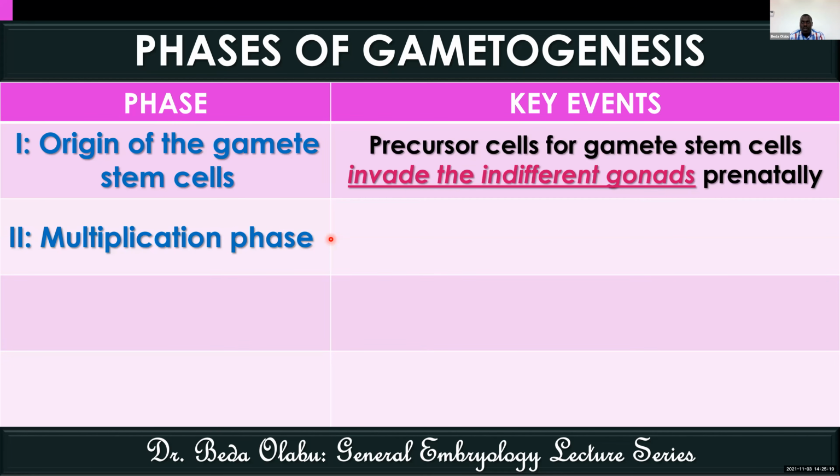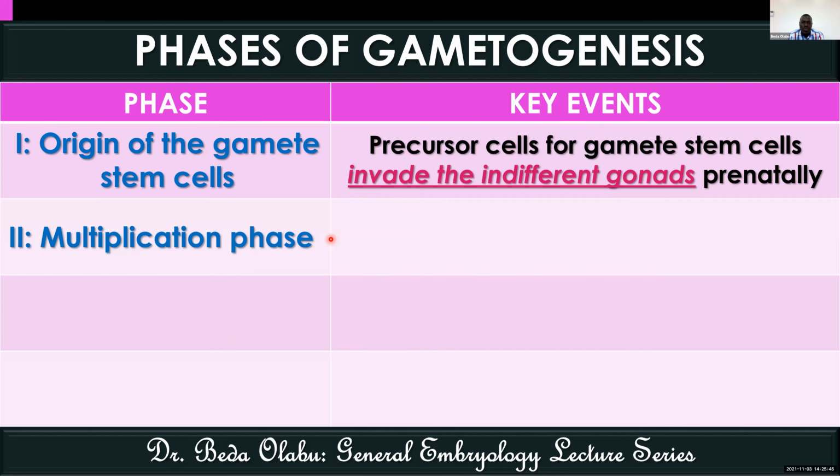If I have only 100 cells and I want millions of cells, it makes sense for me to take these cells through cell division. And so the gamete cells will be taken through cell division so that we can have an increase in the number of cells.